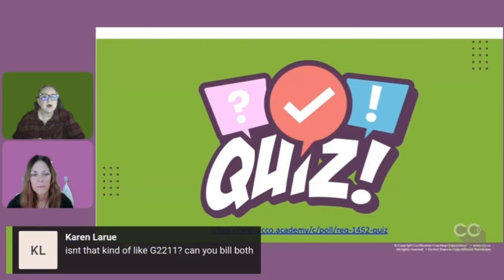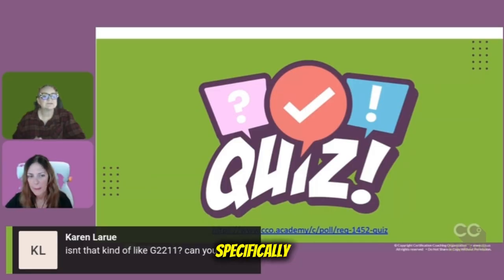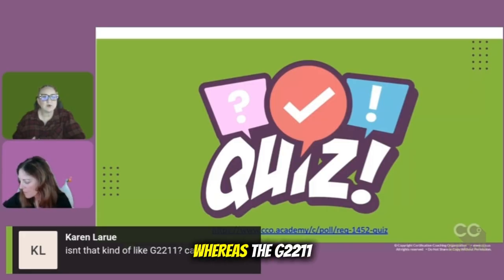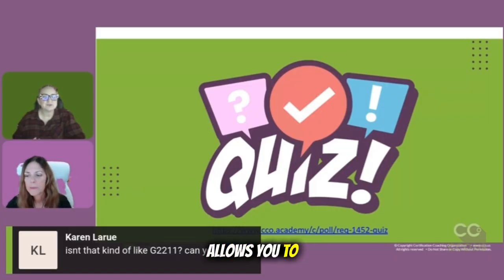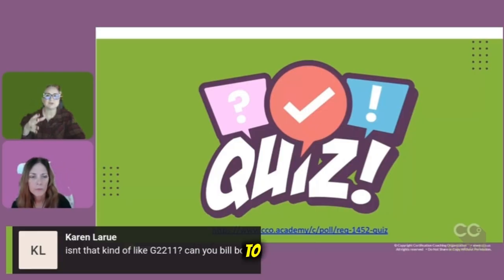This, though, is different because you're specifically looking for a diagnosis that's identified with the code, whereas the G2211 allows you to follow a patient that already has these diagnoses. The diagnosis is identified, the patient has it, and you're the main person that the patient goes to for that chronic condition.